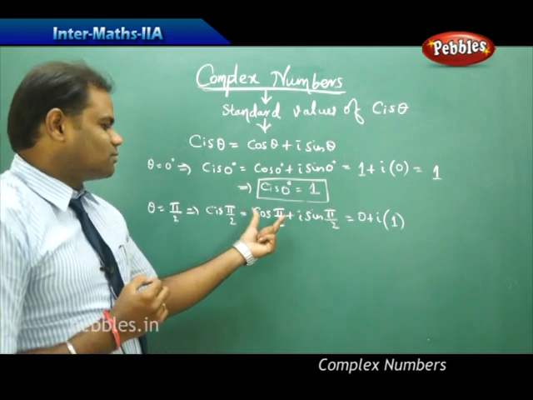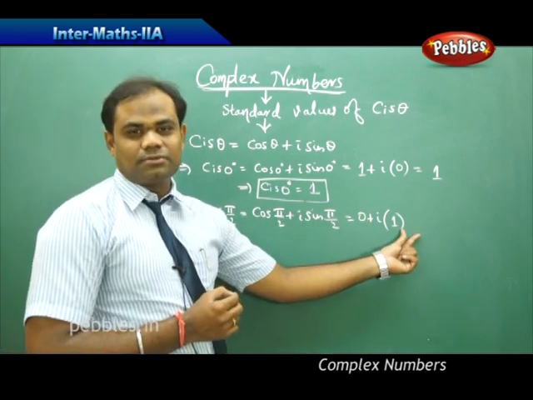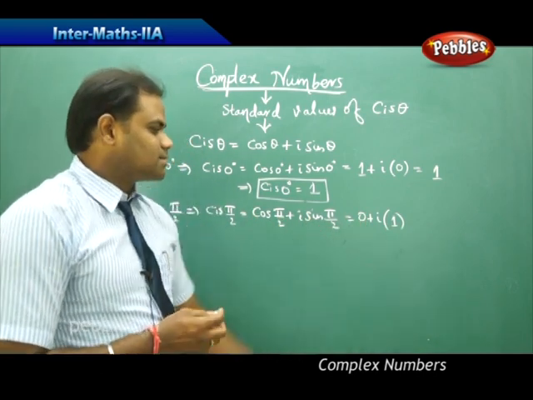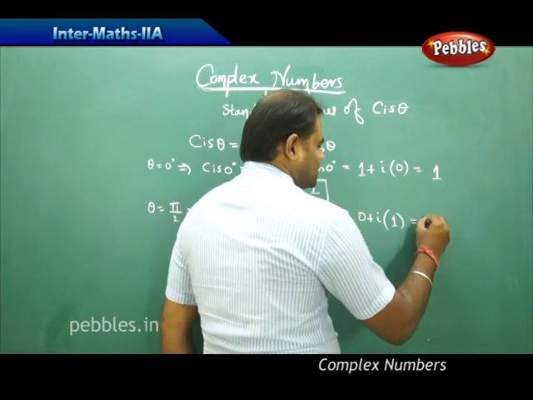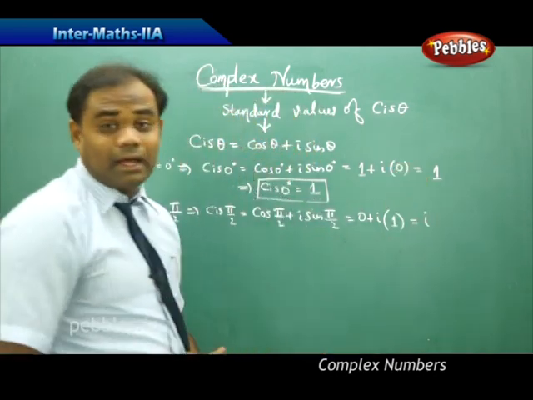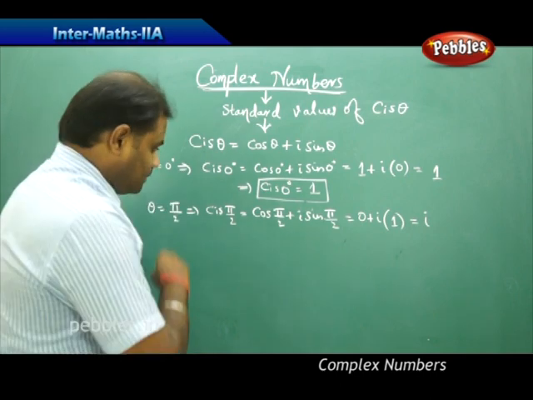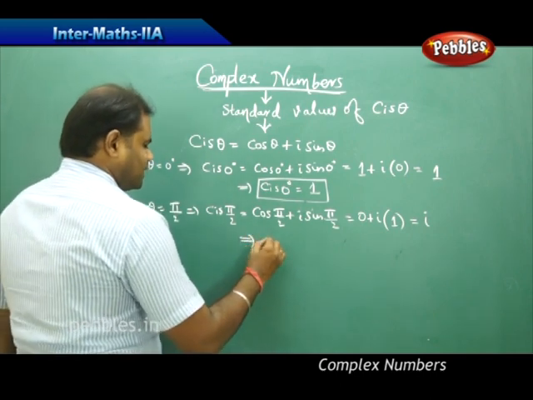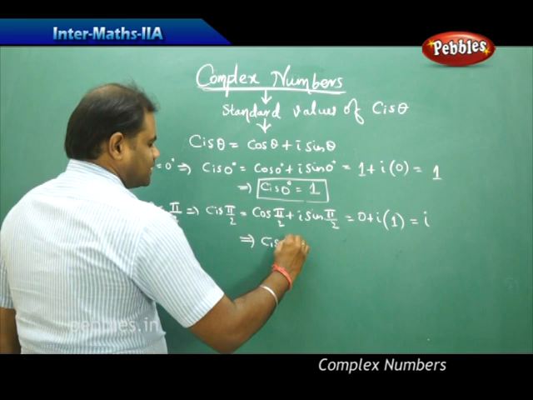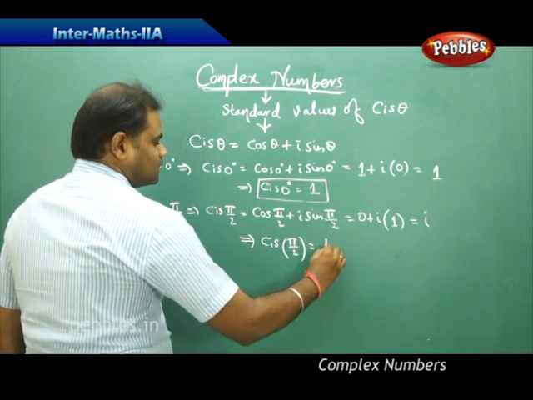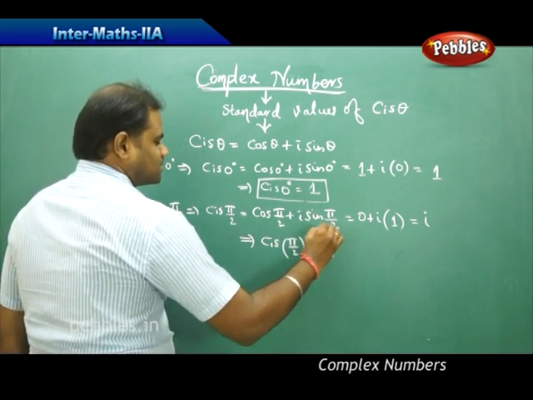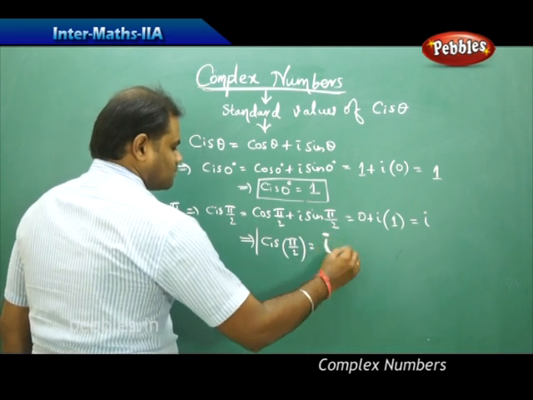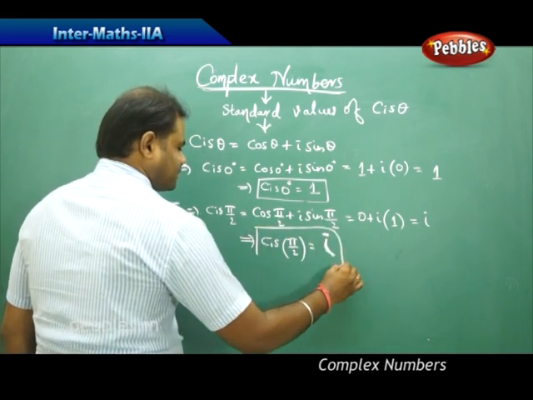So using the values of cos 90 and sin 90 and substituting here, we get 0 plus I into 1, which is 0 plus I, which is nothing but I, the complex number I. So I understand that cis pi by 2 is the complex number I.